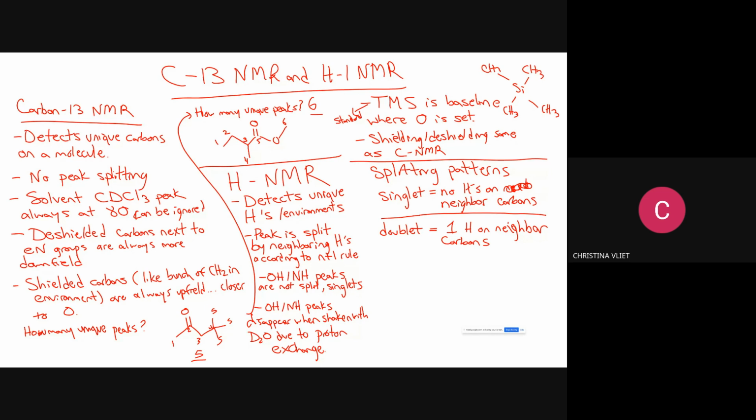Yes. And if there are 2 neighbor carbons or more, you have to account for both of them. That's where you likely get multiplets because you have to add numbers of them together. So then triplets would be 2 hydrogens on neighbor carbon. It's always 1 less.